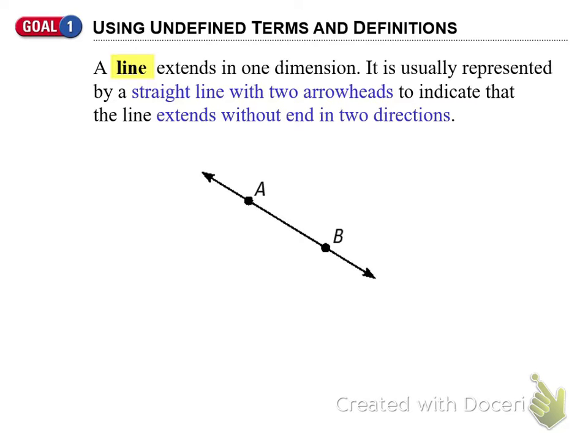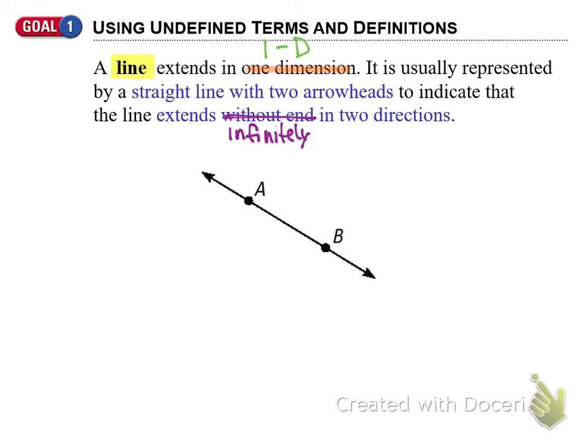All right, a line. Here's what I want you to write down for a line. A line is one-dimensional. If you know 3D means three-dimensional, one-dimensional means you can write 1D or one dimension, and then write what's in blue: a straight line with two arrowheads that extends infinitely in two directions.